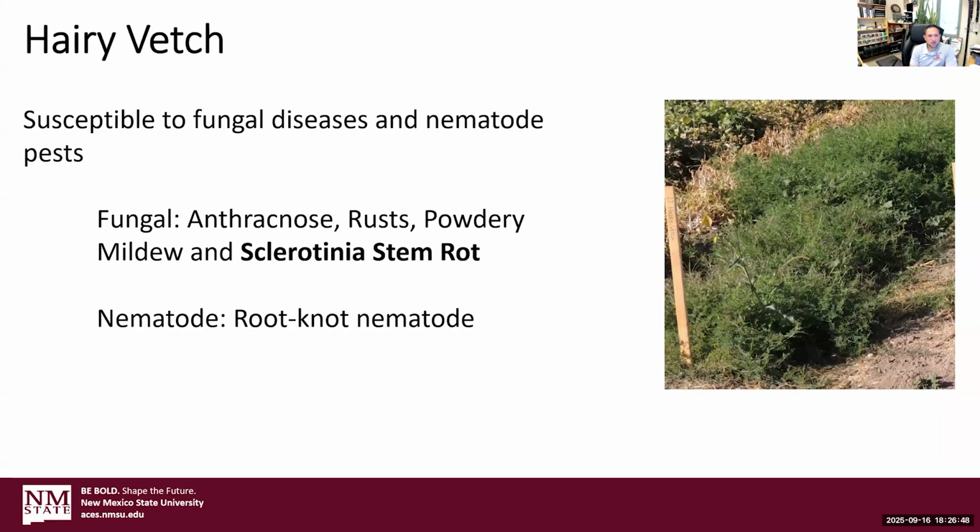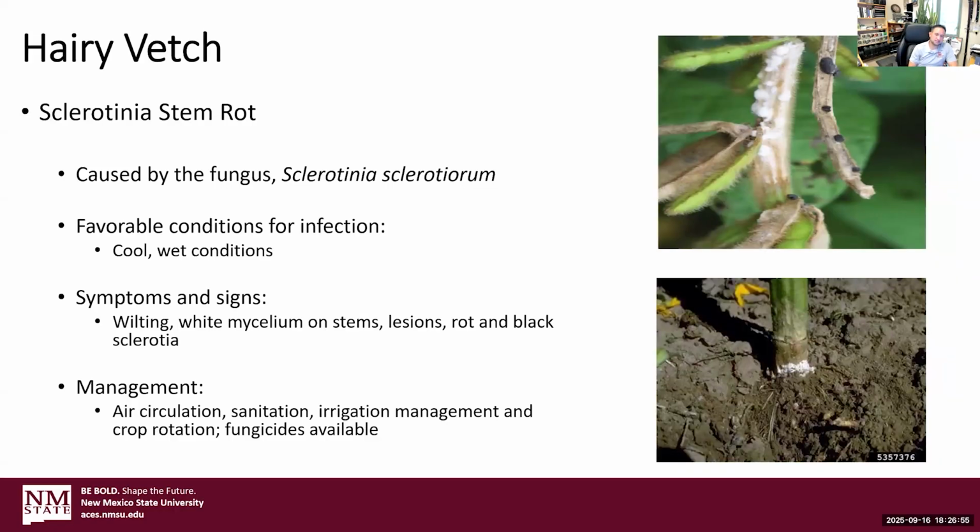For hairy vetch, one to highlight is a fungal infection called Sclerotinia stem rot, caused by the fungus Sclerotinia sclerotiorum. Favorable conditions for infection are cool, wet conditions. Some of the symptoms and signs you might see on hairy vetch are wilting, white mycelium on the stems, like we're seeing on this bottom picture, as well as black sclerotia, on the top, that look almost like mouse droppings.